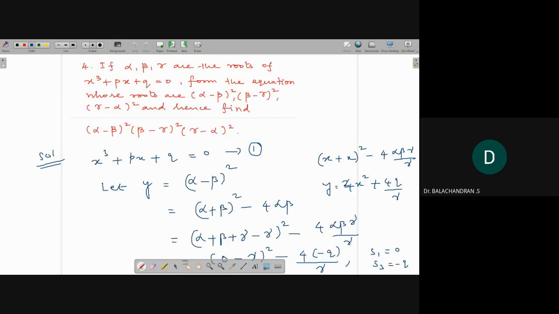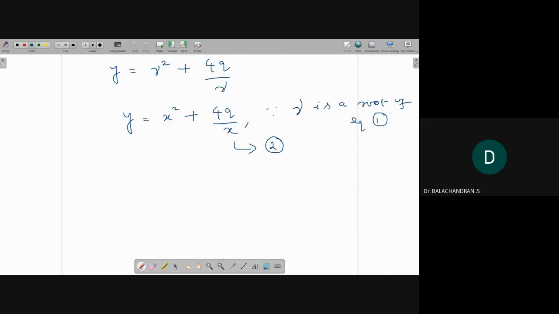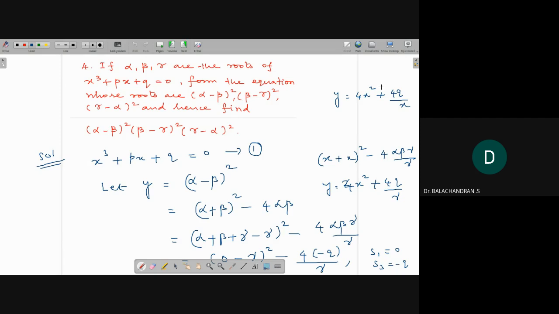So that means y equal to 4x square plus 4q by, instead of gamma also we need to replace by x, 4q by x. Instead of x square I have what here? 4x square, sir.